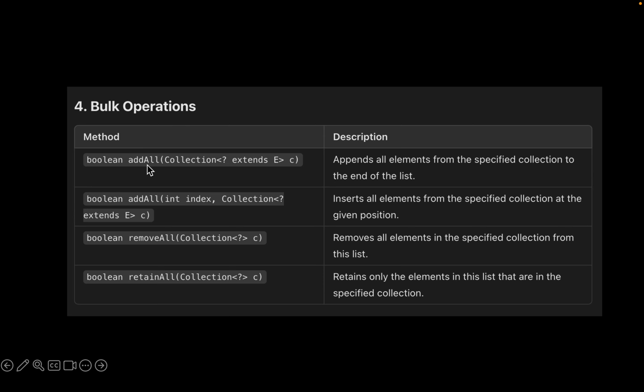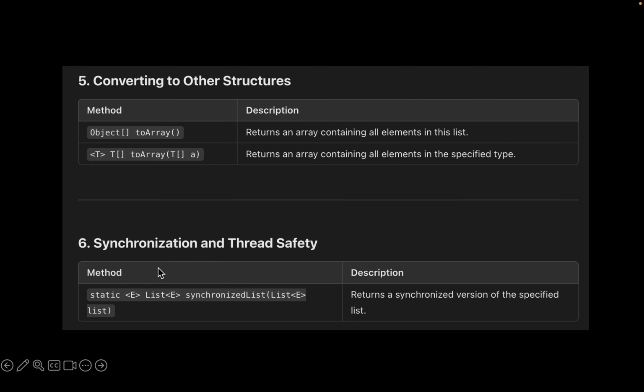So addAll: you have a collection of so many elements in one place, you take them all and add them into that list. You can add them to a specific location or just add them to the end. You can removeAll or remove specific ones. And then converting to other structures.